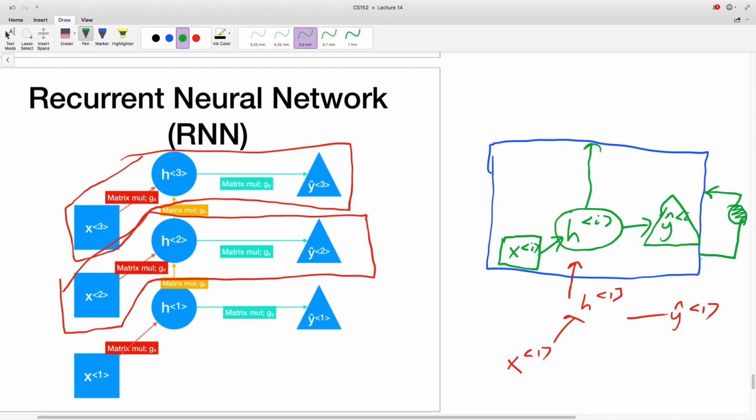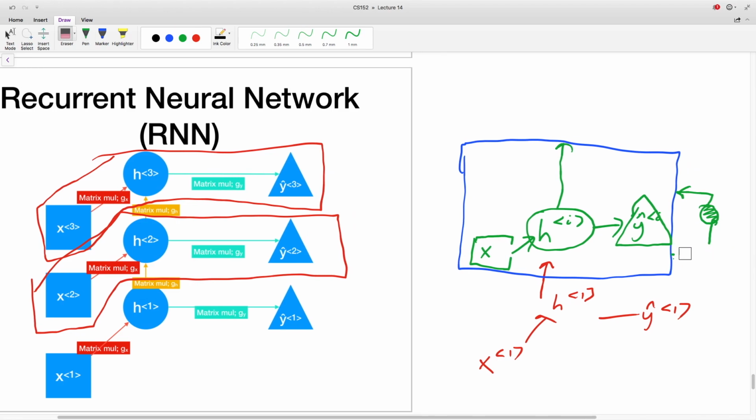Okay. So this diagram is okay, but we still got some duplication, right? I'm going to change this slightly. So this arrow is going away, and this is what we're doing. We're actually going to have this arrow go up and over and down like that with a delay here.